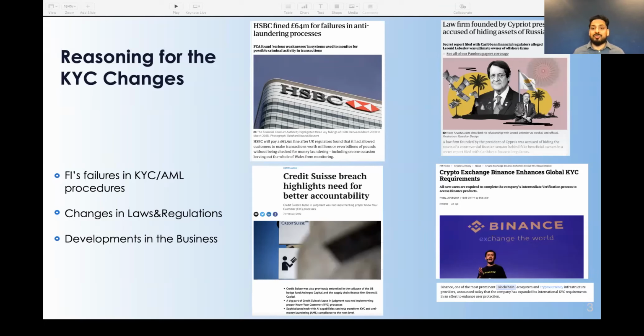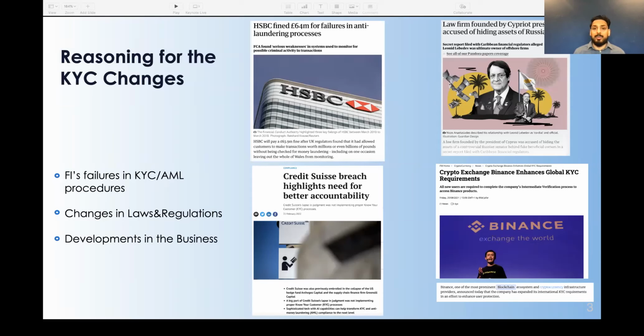These types of issues happen very often. A couple of years ago in the Netherlands, there was a big Dutch bank, ING. They received a fine of 800 million euros, and it was all because they failed in their KYC and anti-money laundering process.